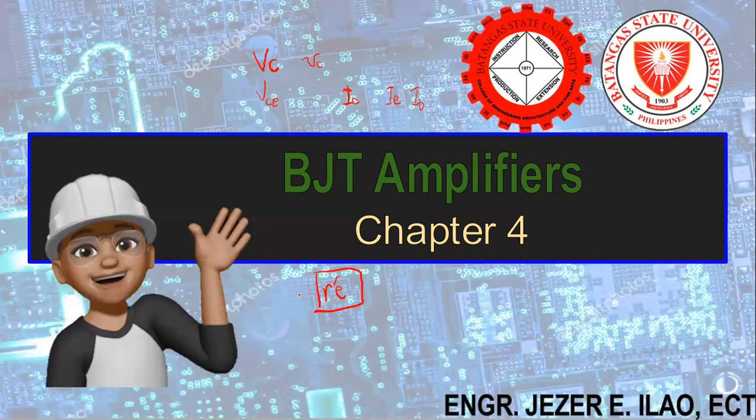Pero madami pa siya. Kung madami ang DC quantities, ganun din kadami ang ating AC quantities. Okay? So, for linear amplifier, a linear amplifier provides amplification of signal without any distortion, so that the output signal is an exact amplified replica of the input signal.